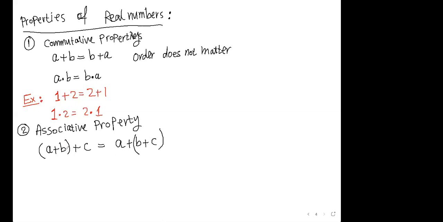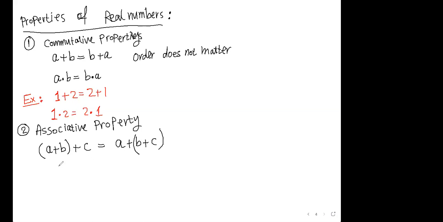If I want to add these two together, then add the answer to the third one, it is exactly the same as adding the last two first, then adding that answer to the first one. This means it doesn't matter which two we add first.